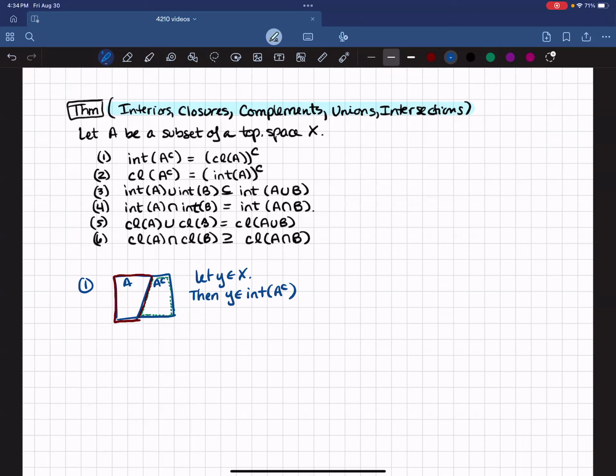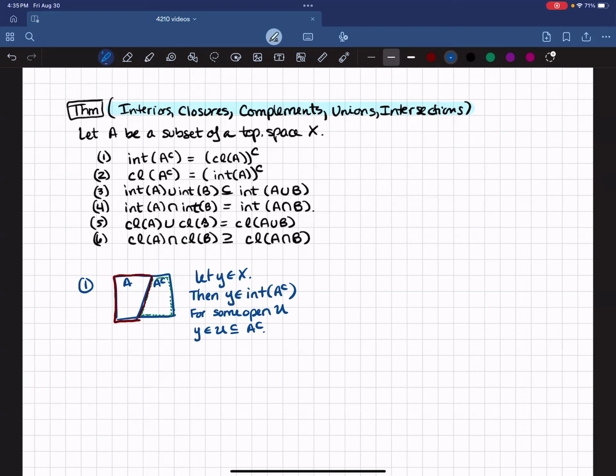Being in the interior of A complement means for some open neighborhood U, Y is an element of U, which is a subset of A complement. That's one way of thinking about the interior of a set.